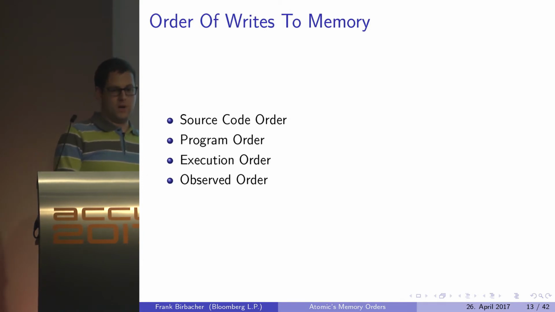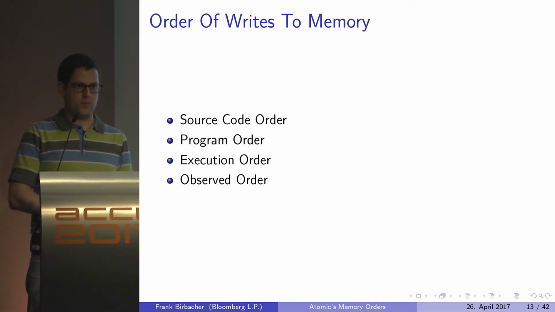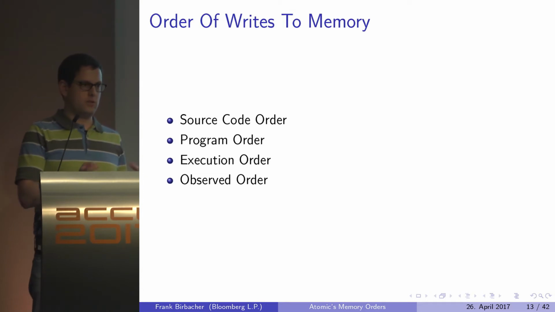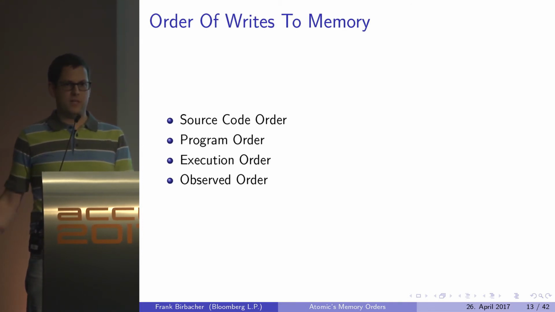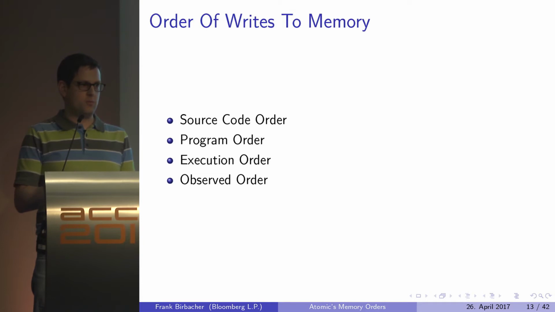So when we write a program, we put things in the source code, which I now name source code order to distinguish it from program order. The compiler will take your source code and turn it into assembly, which then forms a program having instructions in program order. These are fed to the CPU, which then turns them into the execution order, because modern processors have a notion of out-of-order execution, where they will on-the-fly rearrange your memory access and instructions without asking you, basically, and come up with an execution order.